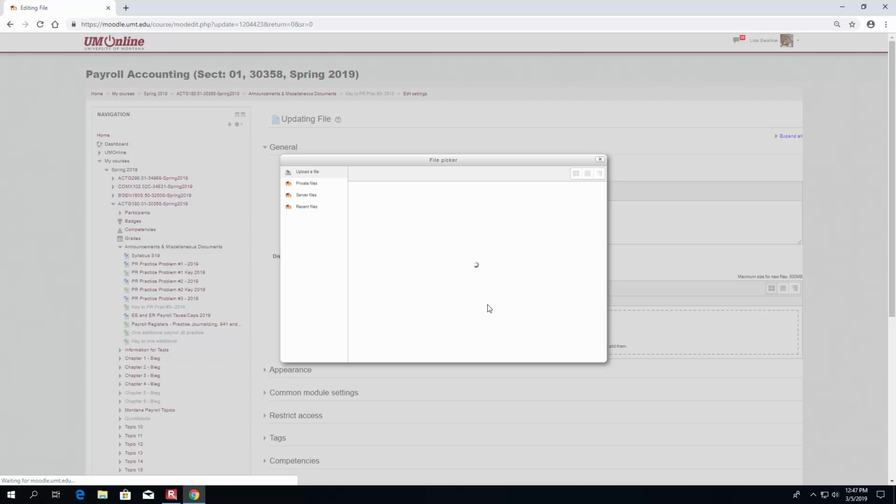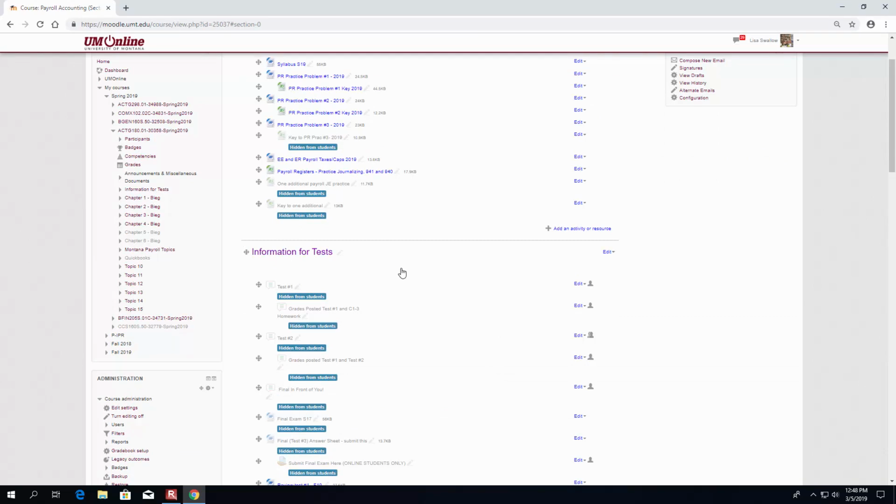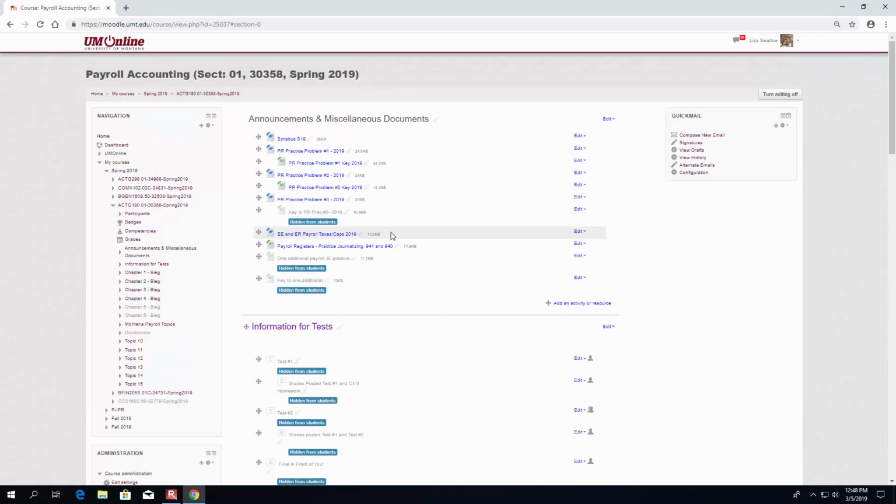You need to get your actual 940s, pencil, calculator. You're going to want to pull up on your screen off of Moodle the payroll registers. That's where we get the data. I think it's going to be easiest if you pull that up on your own screen in front of you.